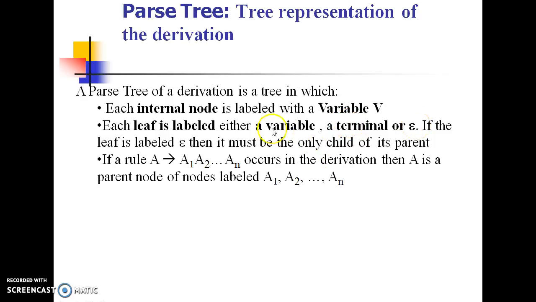If it is a sentential form which is not a terminal string, then a leaf node can be a variable also. If a rule A giving A1, A2 up to An occurs in the derivation, then A is the parent of the nodes labeled A1, A2 up to An. This is an example of a parse tree.